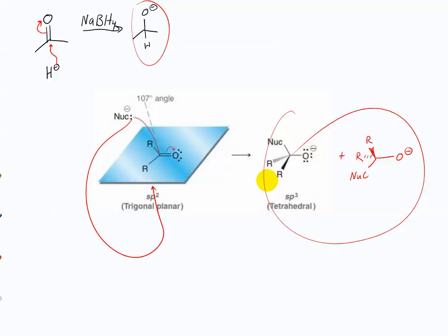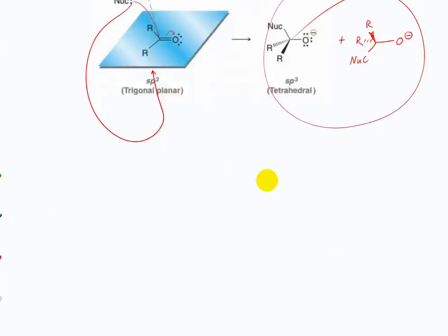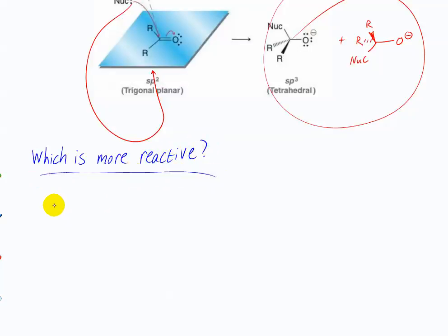Okay. So based on that idea, which is more reactive, a ketone or an aldehyde? And why? Now that we know the mechanism, what do you think? Aldehyde. Why? Because it's less hindered.